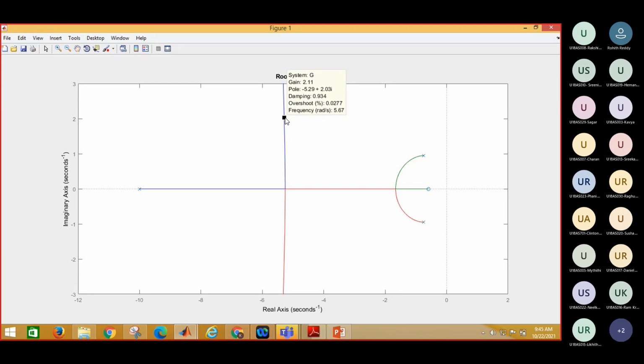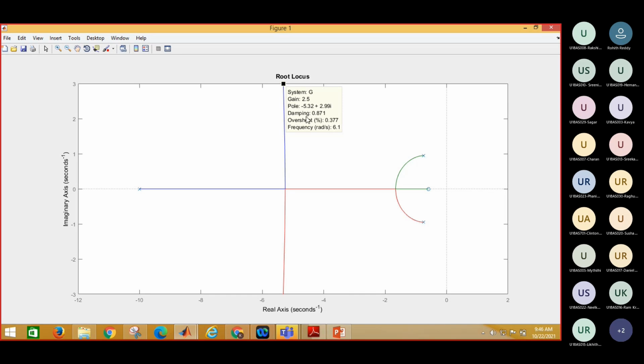So we keep on moving along this direction. If you see here, my gain value is almost 2.5.